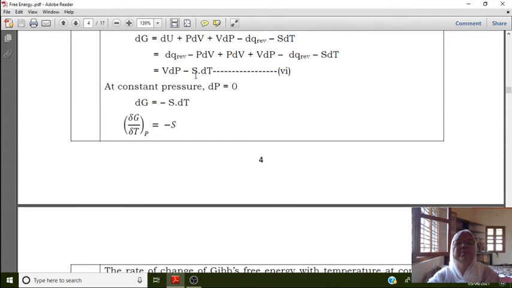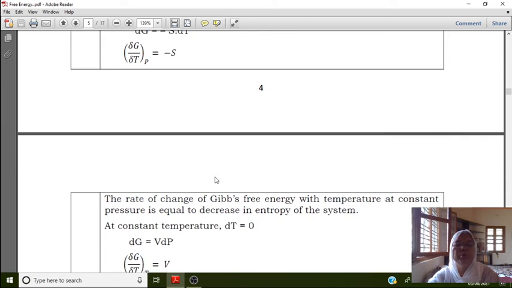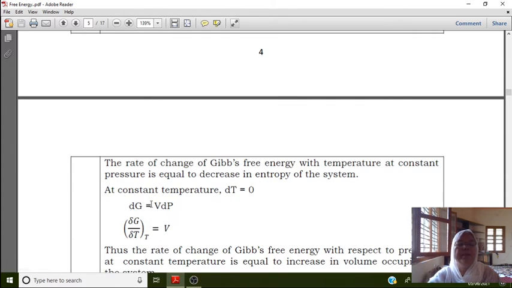this term becomes 0. At constant temperature, the minus S dT term becomes 0, and we have dG equal to V dP.